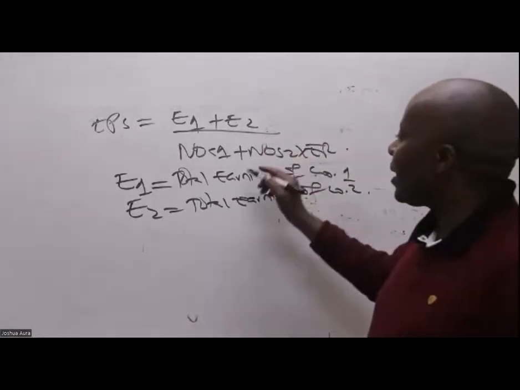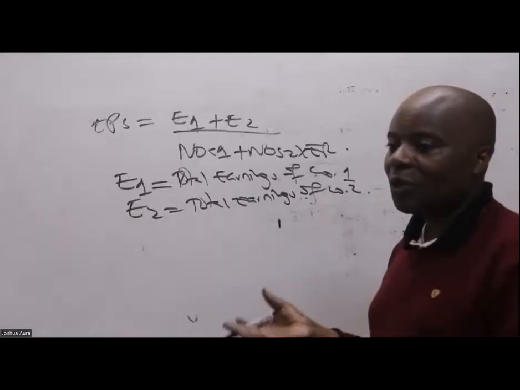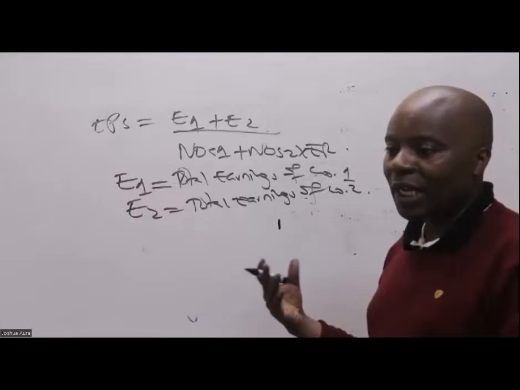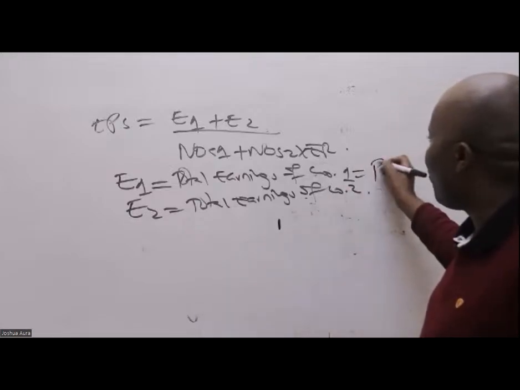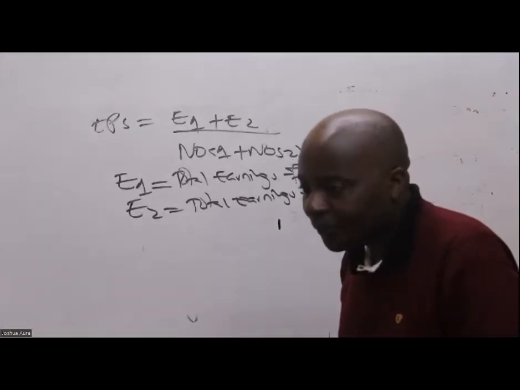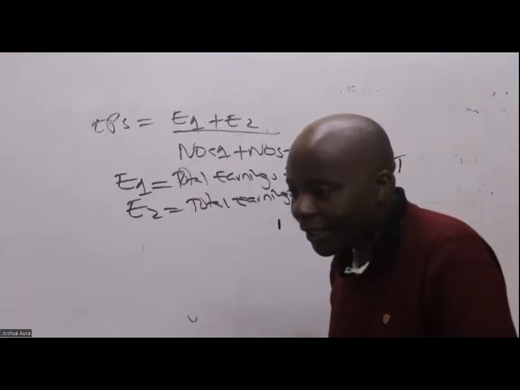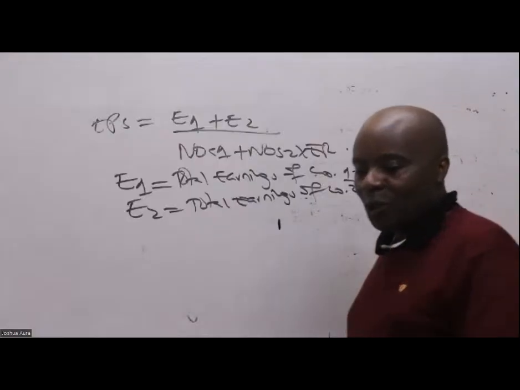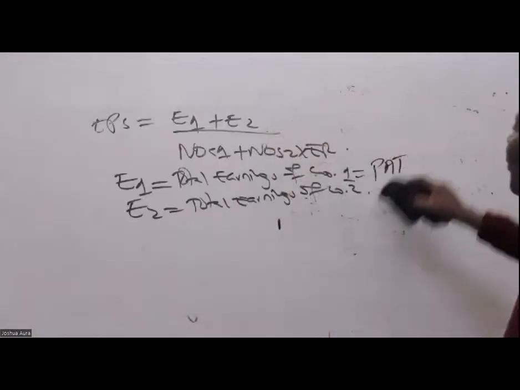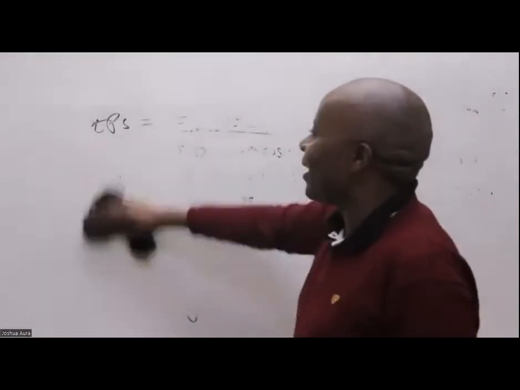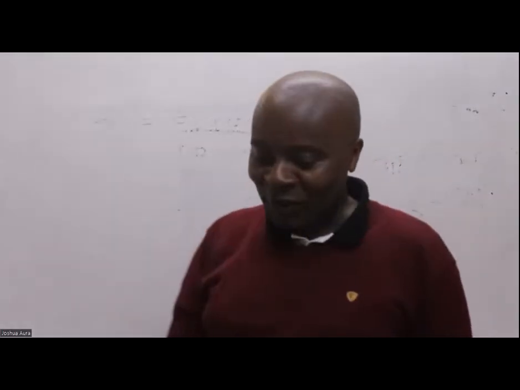You see, earnings in financial reporting, earnings attributable to ordinary shareholders, are profits after tax. So he came and said here PAT equals profit after tax. Great. May 2015, question number 5A.